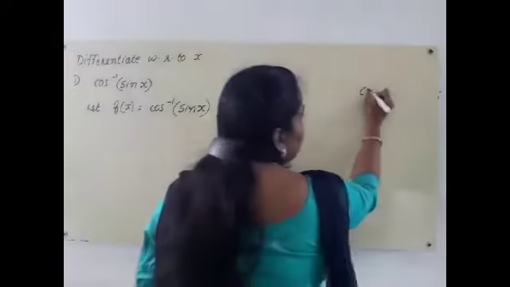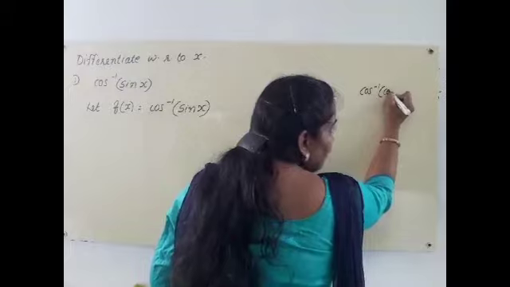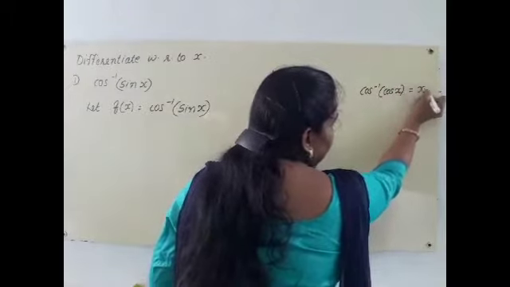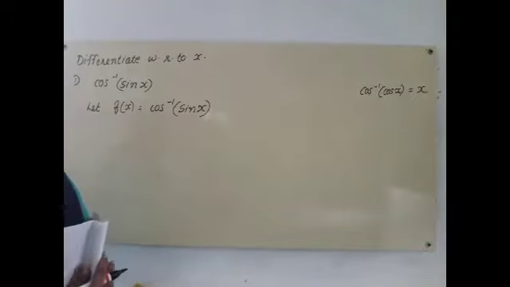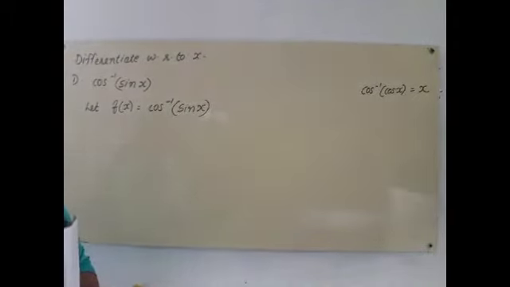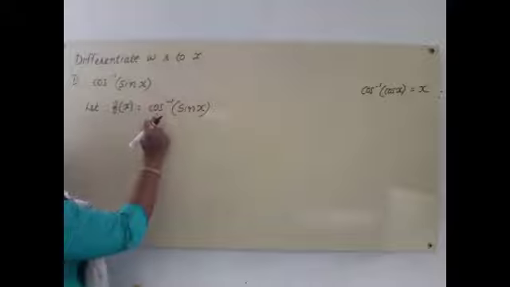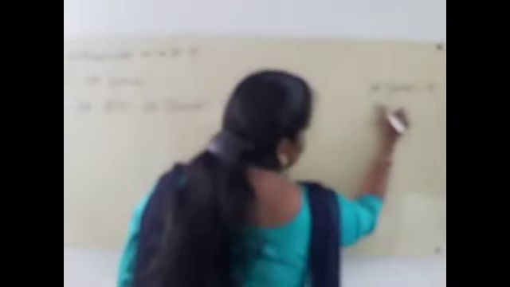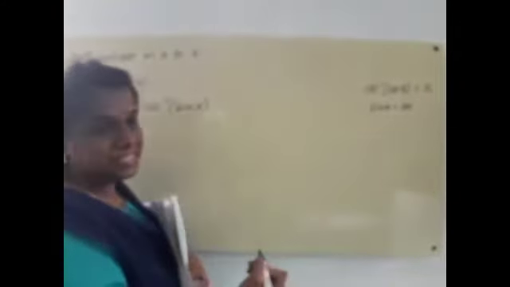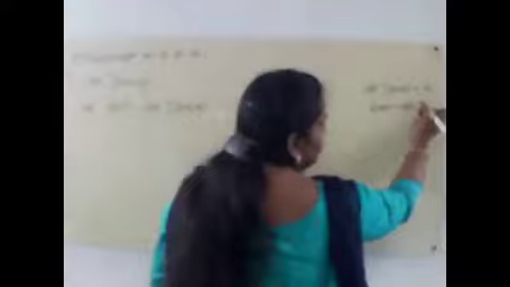We know only this result: cos inverse of cos x is equal to x. So this cos inverse of sin x, we have to write in terms of cos x. How do we write sin x in terms of cos x? Sin x is equal to cos of (90 minus x). Is it so? Cos 90 minus theta is sin theta.